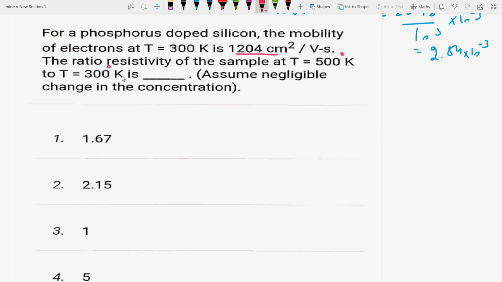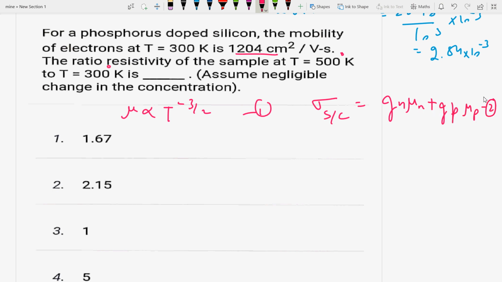Now you must be knowing that mobility varies with temperature as follows: mu is proportional to T to the power minus 3 by 2. Now conductivity of a semiconductor is equal to q n mu n plus q p mu p. This is the second equation, right?